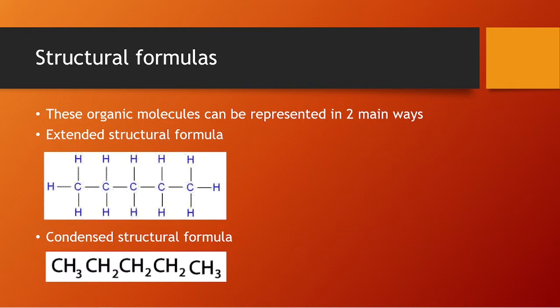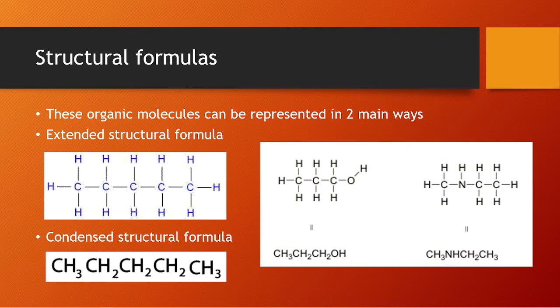You also need to understand the difference between structural formulas, extended and condensed. So the condensed structural formula has all the information in there, but it doesn't show any of the bonds. You have to work out the bonds yourself. The extended structural formula shows all of the bonds plus all of the atoms that are in there, carbons and hydrogens and anything else. And then this is just another example to show you how you might see it differently as well.